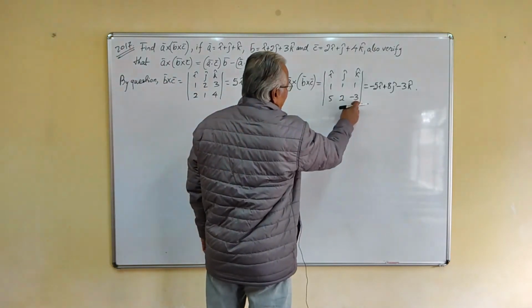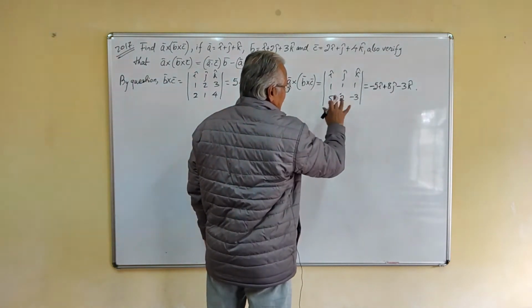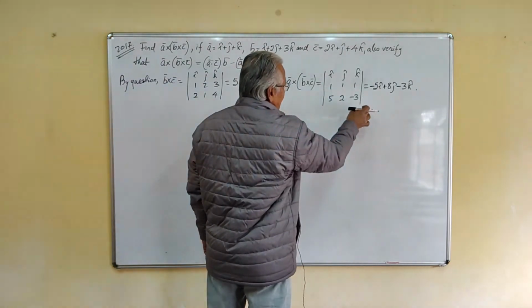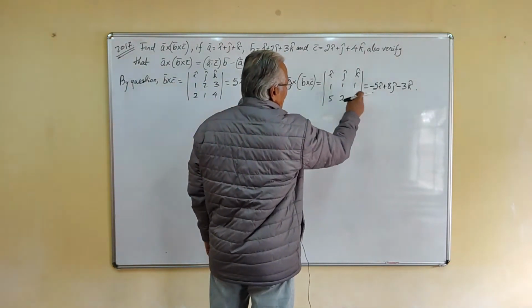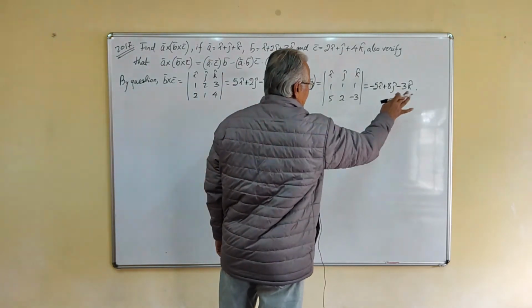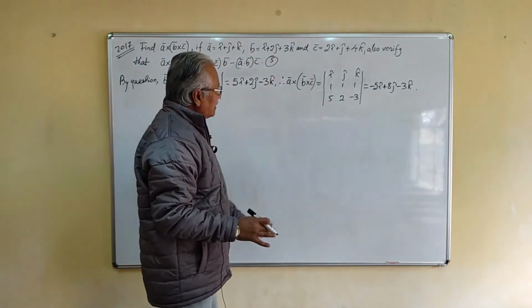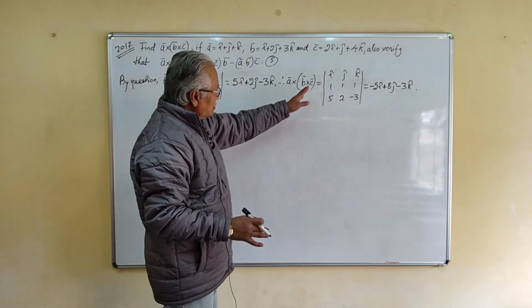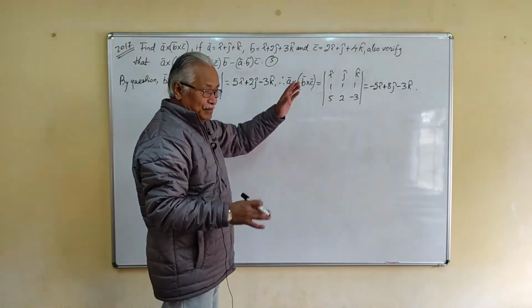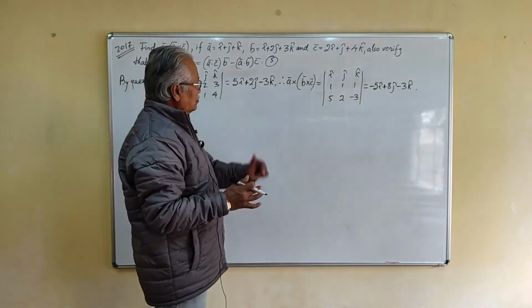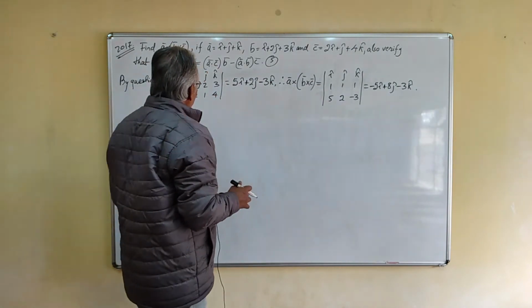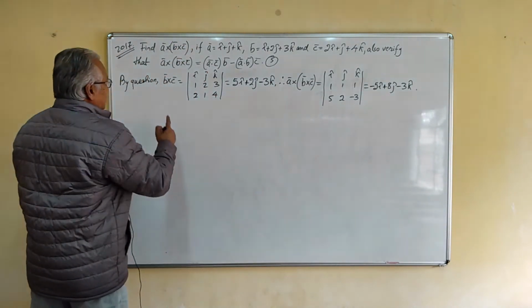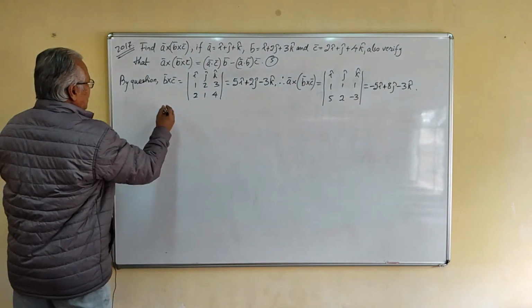Then minus 3 minus 5 is minus 8, minus of minus 8 is plus 8J. 2 minus 5 is minus 3, minus 3K. All right. That's the value of A cross (B cross C). Now, well, A dot C. Okay, let's try to write it.